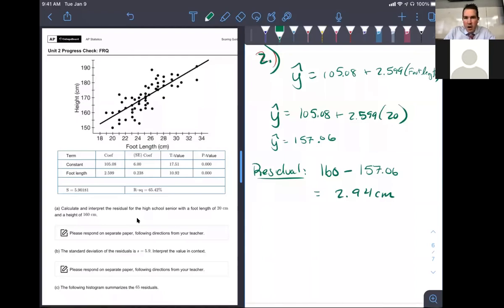Centimeters? Is there a unit for residuals? Well, this is saying how far off it is. So how far off is our model? It's off by 2.94 centimeters. Okay. So what would be the interpretation of this?